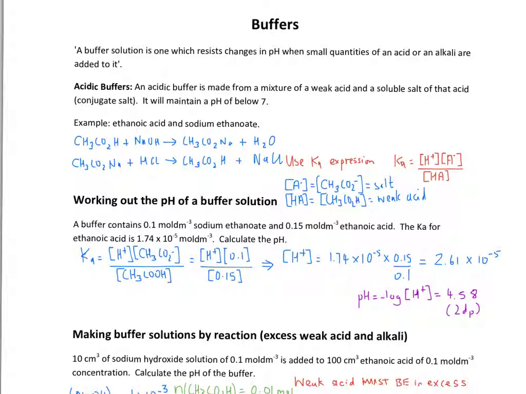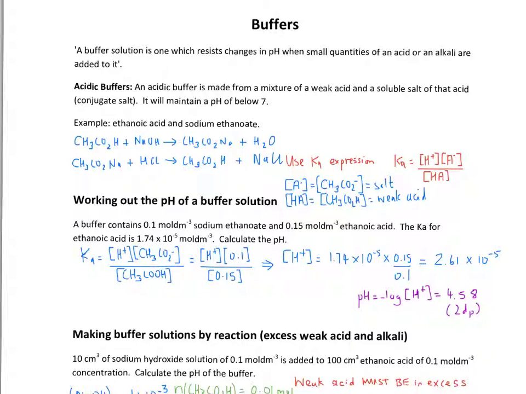So to start off with, we've got 0.1 molar sodium ethanoate, 0.15 molar ethanoic acid. How do you calculate the pH? Well, first we need the Ka, and the Ka will be given to you. You then write the expression Ka equals [H+] times the salt concentration, divided by the acid concentration. So putting those numbers in, that's the salt concentration, that's the acid concentration.